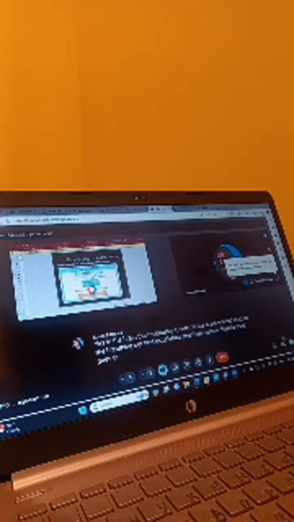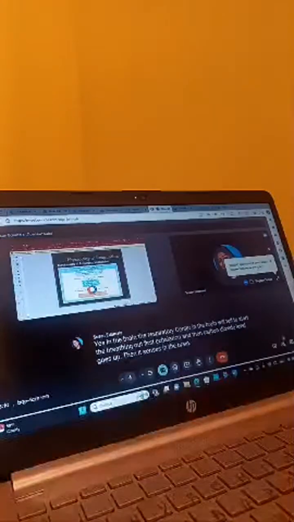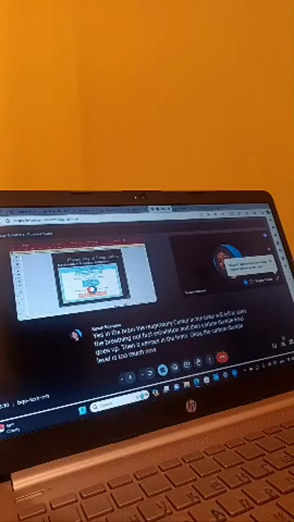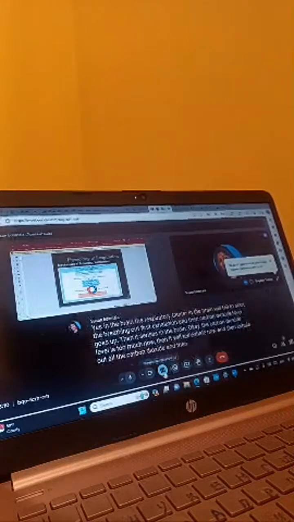Yes, the respiratory center in the brain tells the body to start breathing out. First exhalation, and then the carbon dioxide level goes up. The brain senses that the carbon dioxide level is too much now, and tells the body to exhale out the carbon dioxide, and then inhalation will happen automatically. Okay?